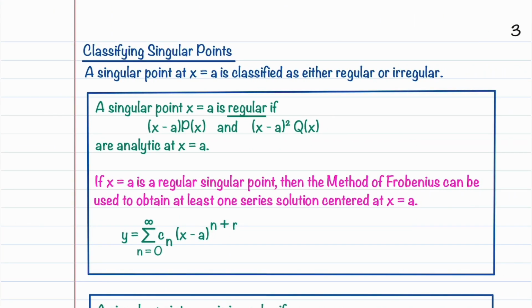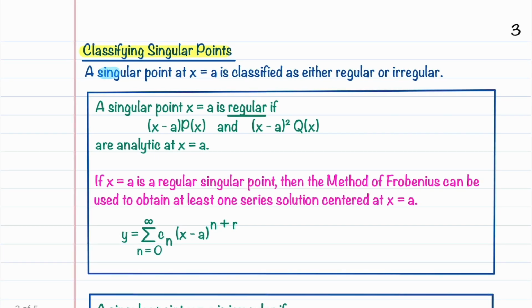Before we walk through some examples, we need to learn one more thing, and that is how to classify singular points. A singular point at x = a is classified as either regular or irregular. A singular point at x = a is regular if (x − a)p(x) and the quantity (x − a)²q(x) are analytic at x = a.